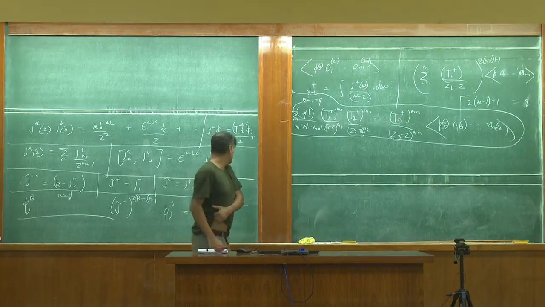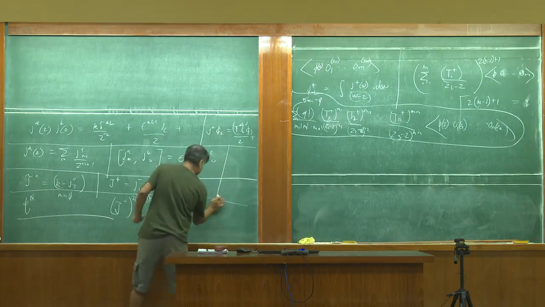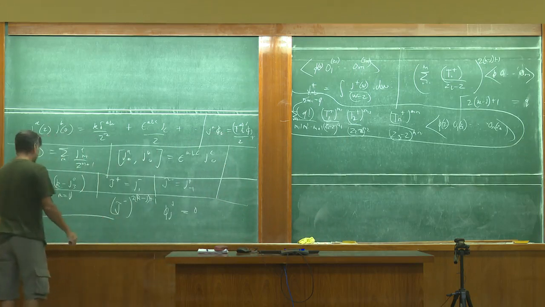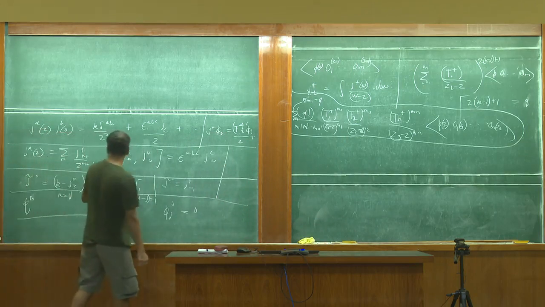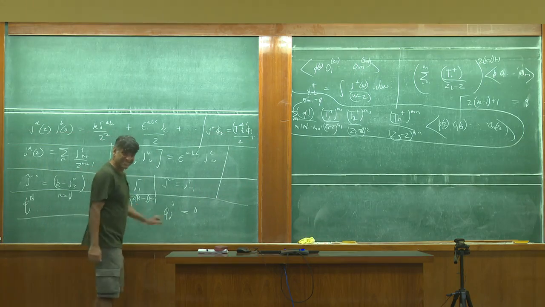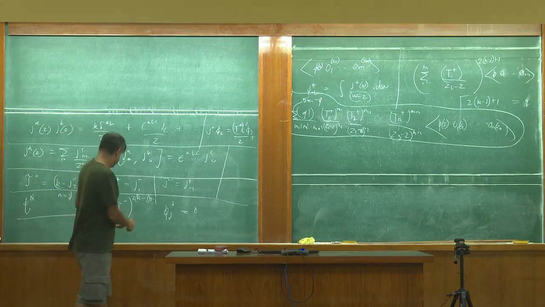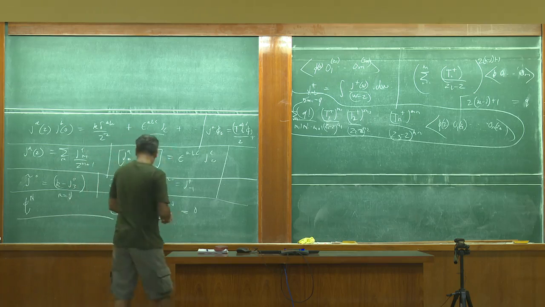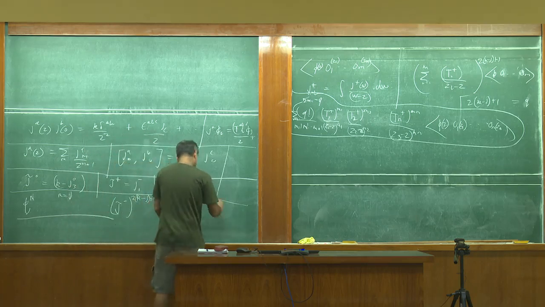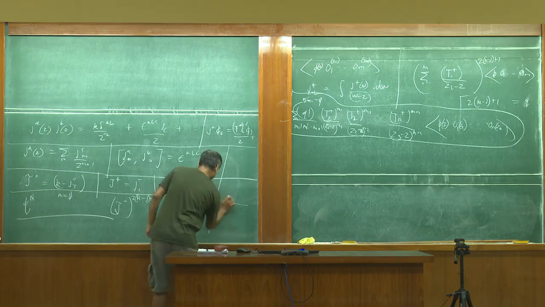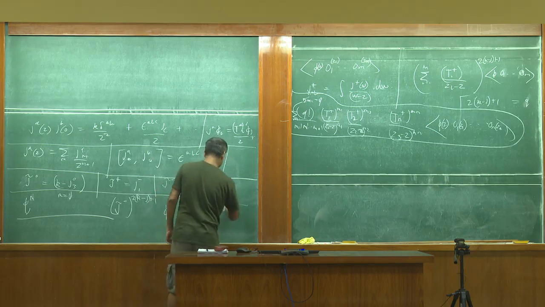First, let me also remind you of this, which I forgot. We argued from the fact that this guy kills this, okay? From the fact that this guy kills this, it followed that j had to be less than or equal to k.